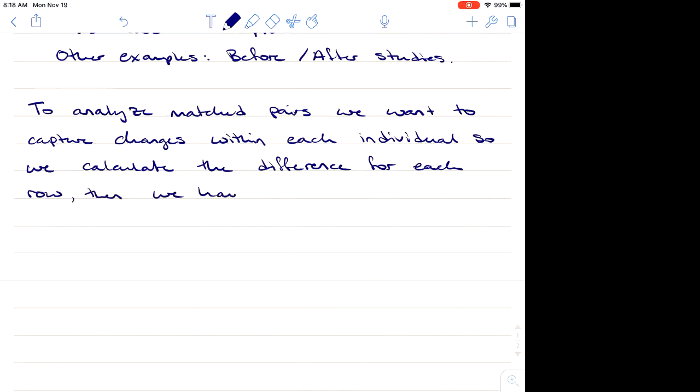Then we have 1 sample of differences. So then we can just use the 1 sample procedure, just keeping in mind that we're talking about the differences.